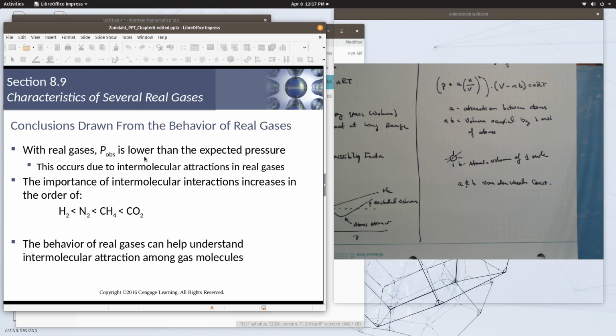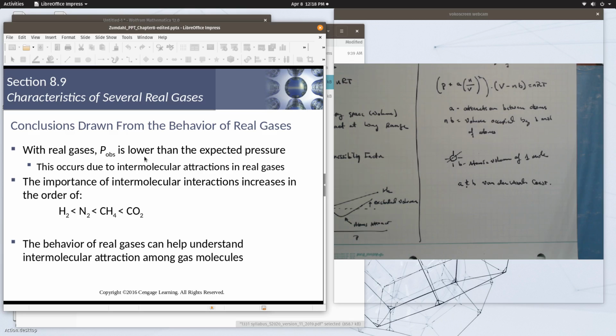The observed pressure is lower than the expected pressure because of intermolecular attractions in real gases. They pull each other together a little bit, and that increases going from hydrogen, nitrogen, methane, to carbon dioxide.